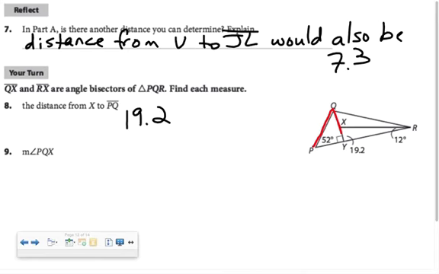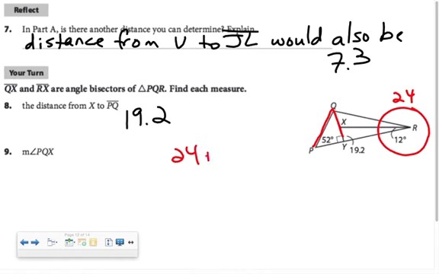I'm asked for the measure of angle PQX. That's this angle. Again, I know that the measure of this whole thing is 24.